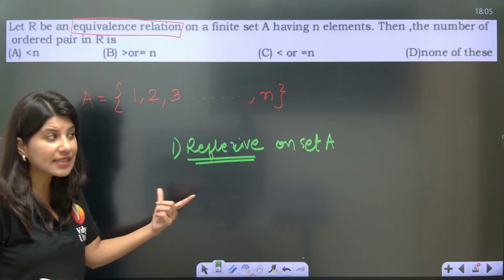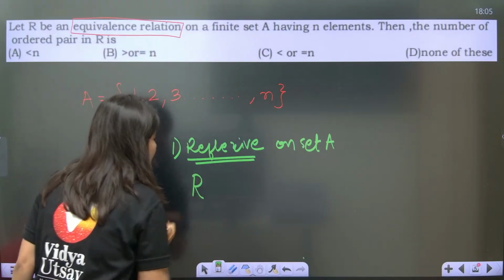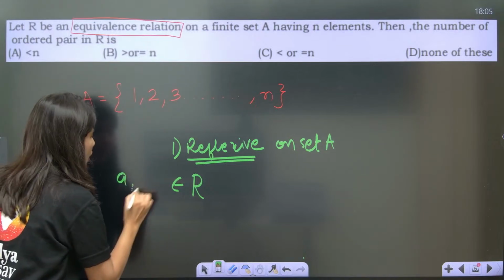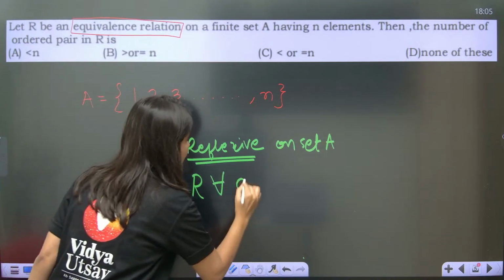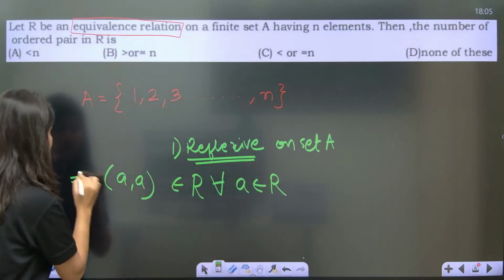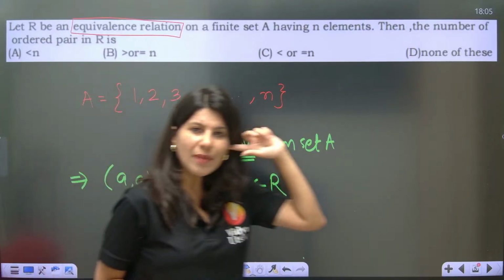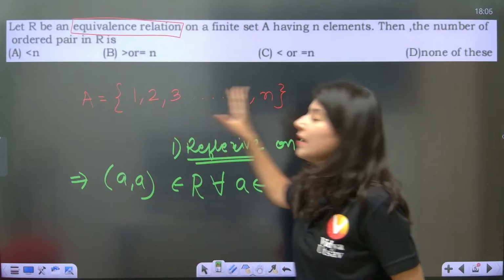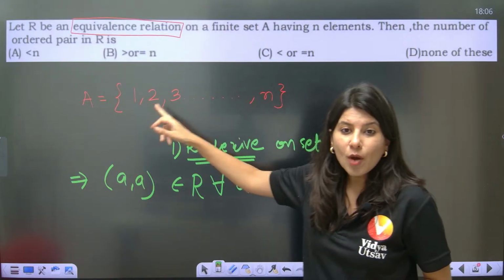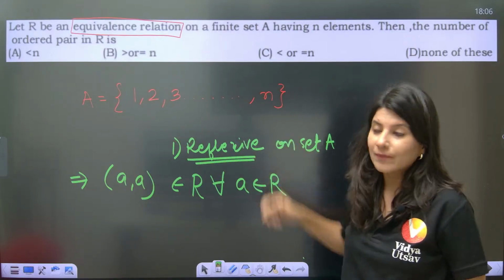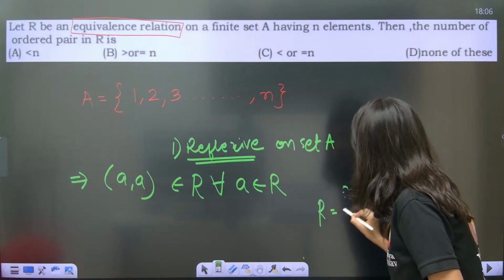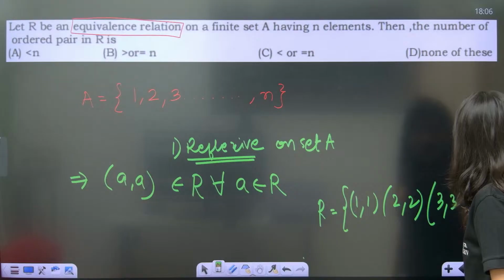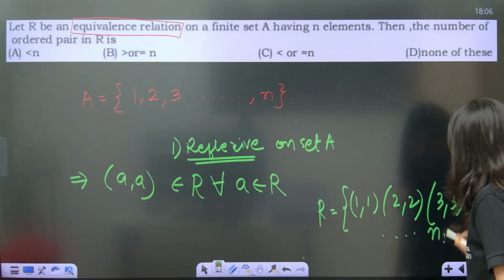A reflexive relation says that your relation should contain all the ordered pairs (a, a) for all values of a belonging to A. What I mean to say is, for every element, suppose you have 1, 2, 3 and all the way up to n, your relation should have (1, 1), then (2, 2), (3, 3) and so on, all the way up to (n, n).